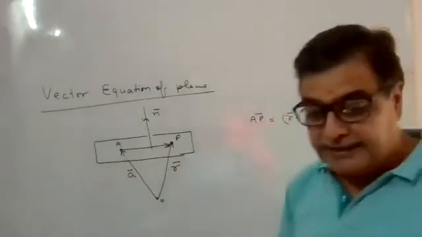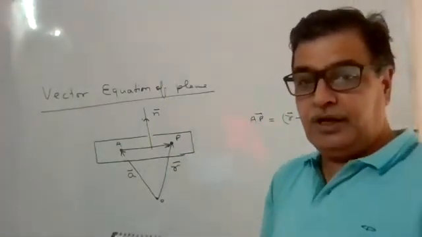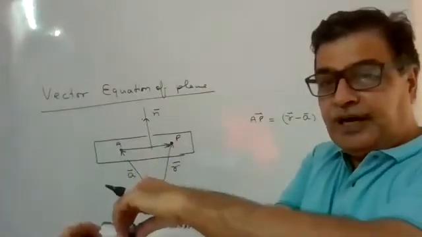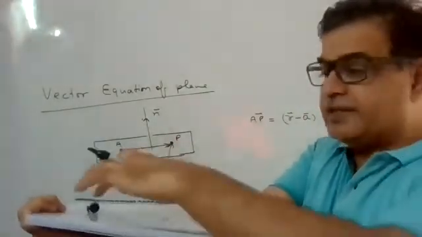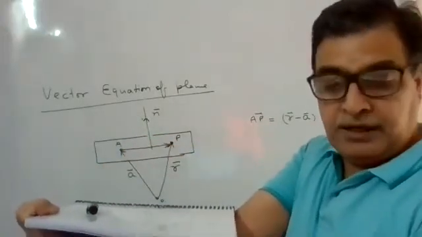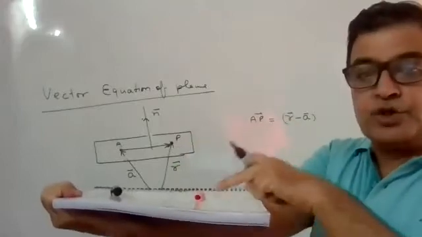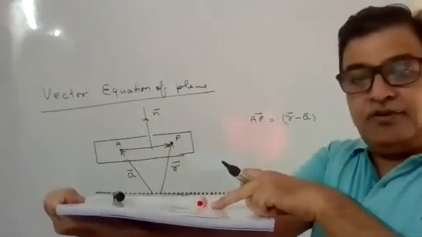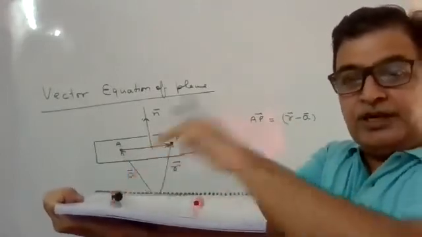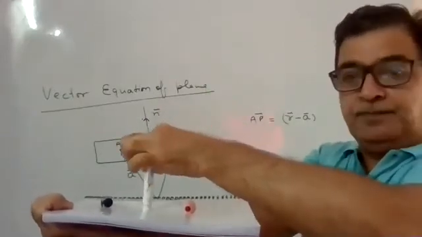Now, this is the plane we have. A general point I have taken somewhere here. This is the point P. Let this be another point which is known to us. This will be the known point. This will be the general point I am taking, and this is the normal.